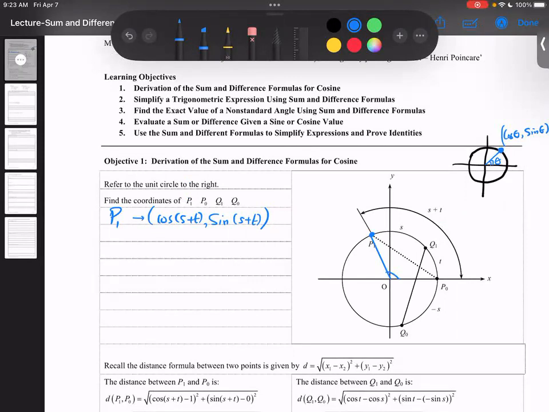Similarly, let's find P1. Oh, P1 is easy. Can someone tell me what is the coordinate for P1? I'm sorry, P naught, P0. We just found P1. Can someone tell me what's the coordinate of P naught? The black dot.